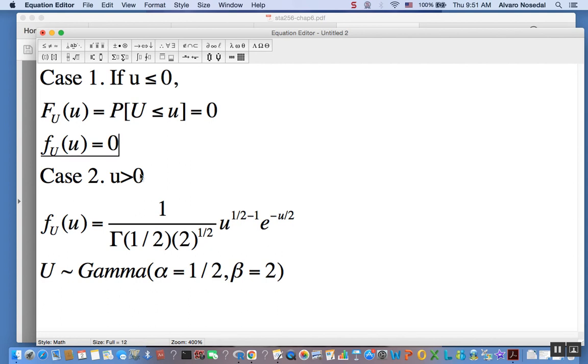And when u is greater than 0, we have this particular case. So the square of a normal 0, 1 is a gamma with parameters alpha equals 1/2, beta equals 2, but that is a particular case of a chi-square distribution with 1 degree of freedom.